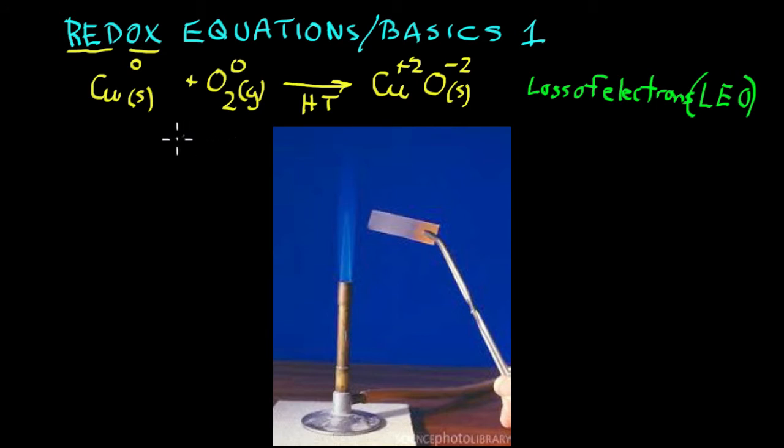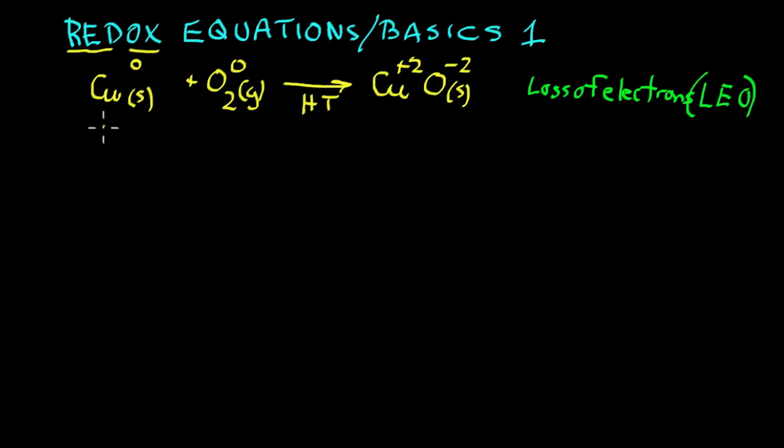So if we look at this equation, we see that copper has gone from a 0 to a +2. Now, +2 doesn't mean it gained something. It means it started off as a neutral atom, protons equals electrons.